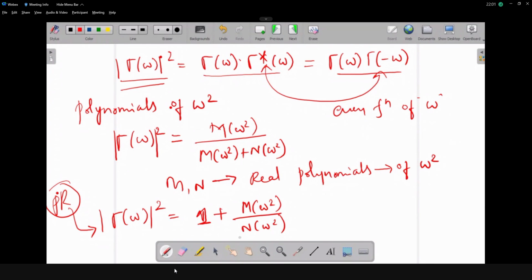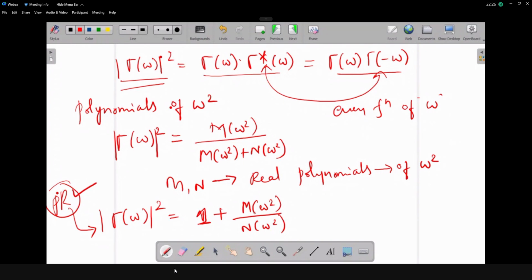Okay. So whenever we take the power loss ratio, it should be polynomials in terms of this m and n polynomial.